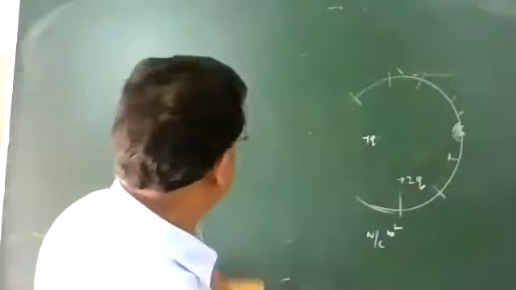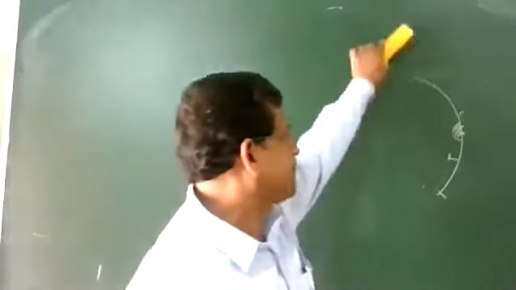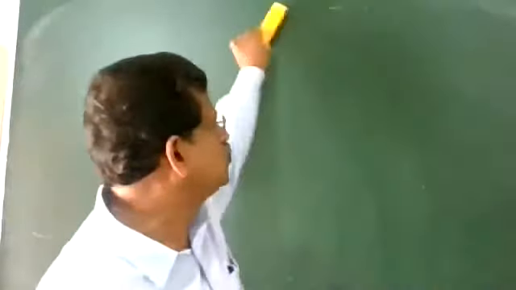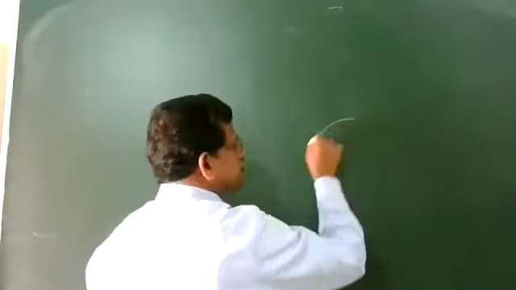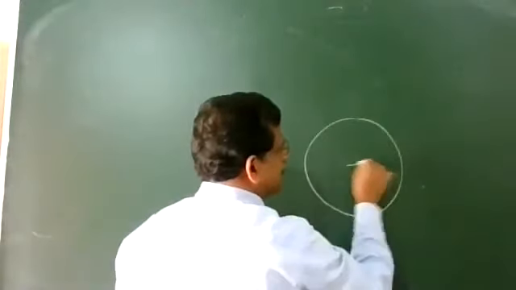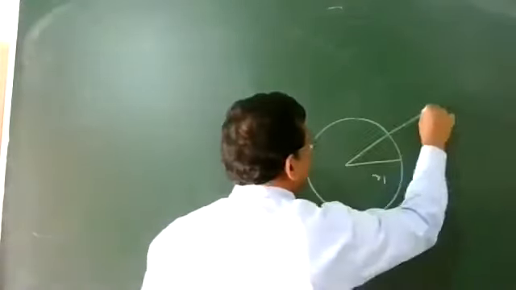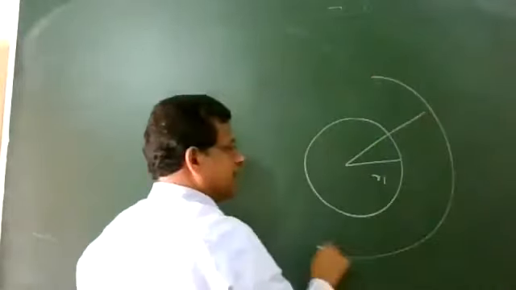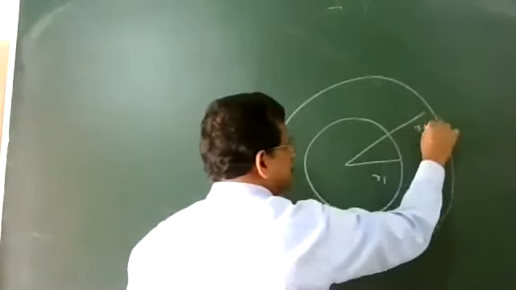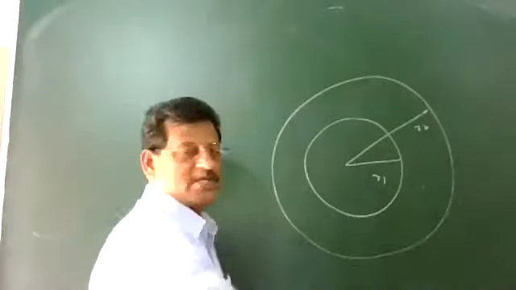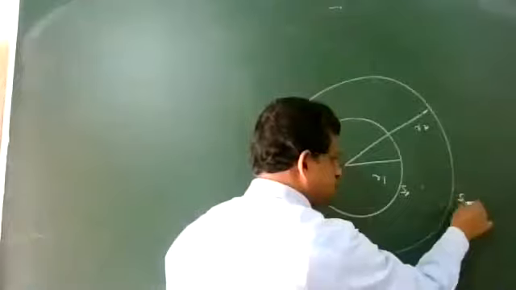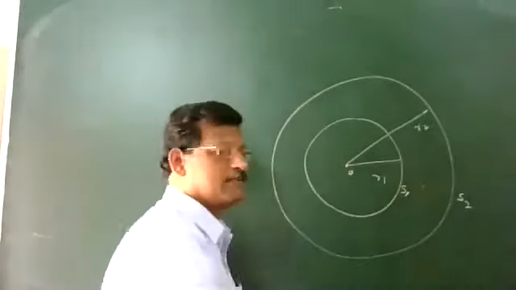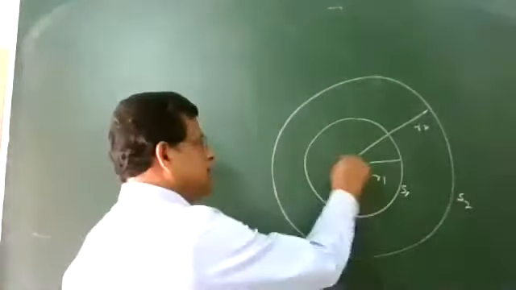Next, take one more question. We have two spherical shells. The first one is of radius R1 and the second one of radius R2. The first is spherical shell S1, the second is spherical shell S2.